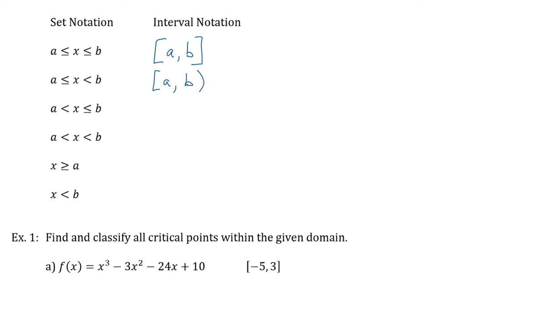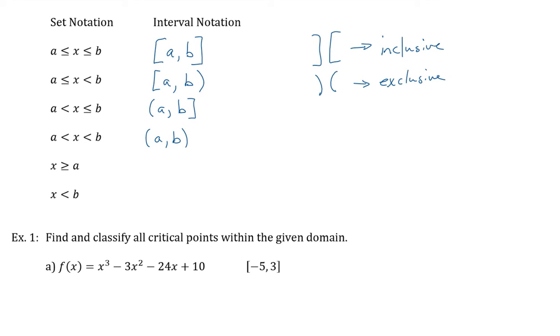A square bracket means you include the point, so we call that inclusive, and a round bracket, whether it's one direction or the other, means exclusive. You are not including the point, and that's the difference between having the equal sign or the strictly less than sign. So how would we do this one? It would be a round bracket and then a square bracket. This would be both round brackets.